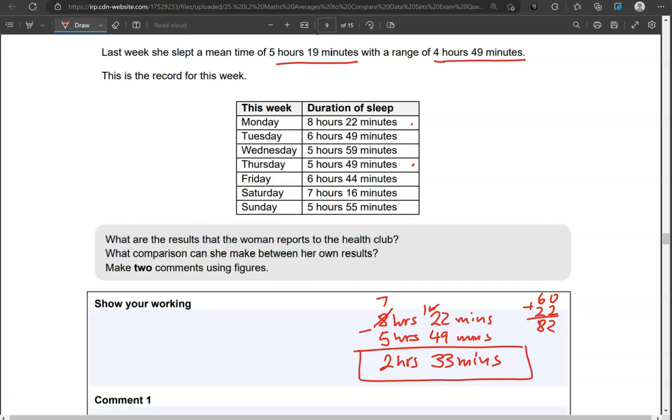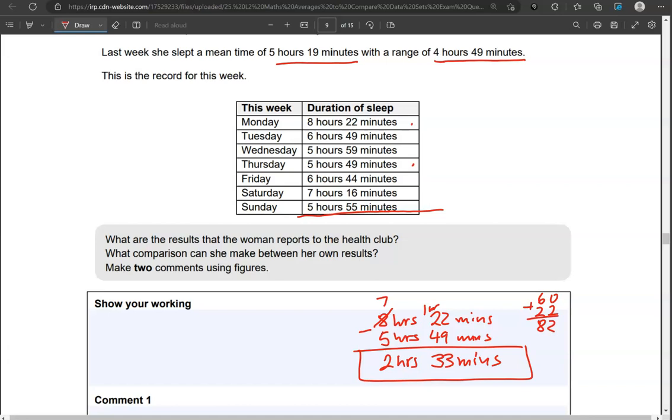We could convert these into decimals because we've got them in hours and minutes, or we could convert them all into minutes, so 8 hours and 22 minutes into minutes, and then add them up and divide by the 7. What I'm going to do is add them all as they are, although all these different methods are possible and you could use them if you want.